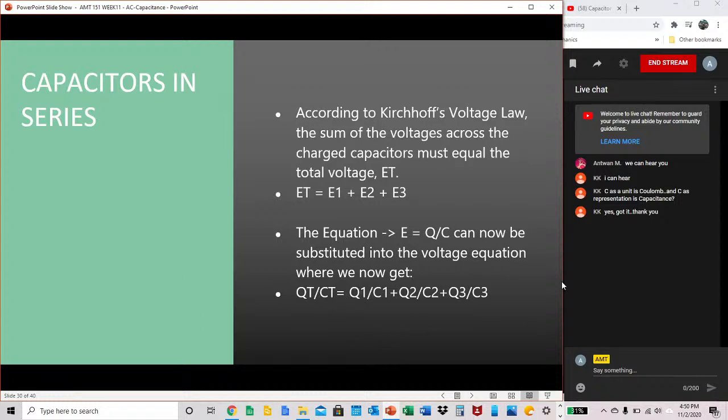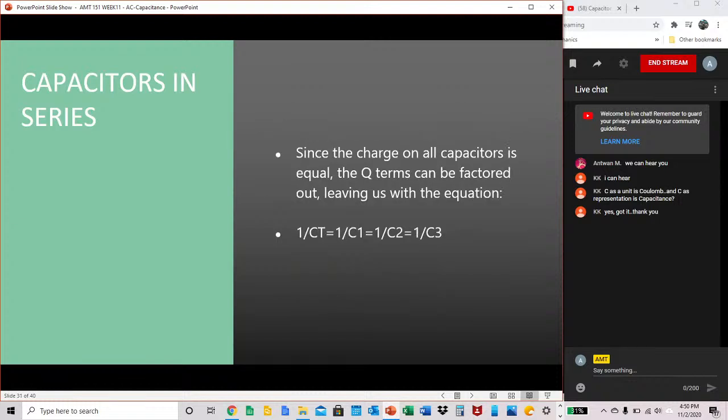But you have to keep all of those laws straight for what you're working with. Since the charge on all capacitors is equal, the Q terms, which is our charge, can be factored out, leaving us with this equation.